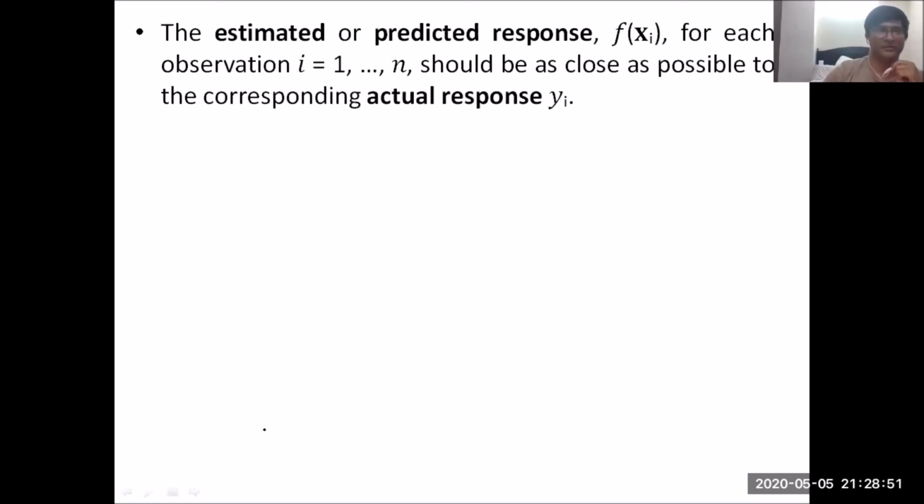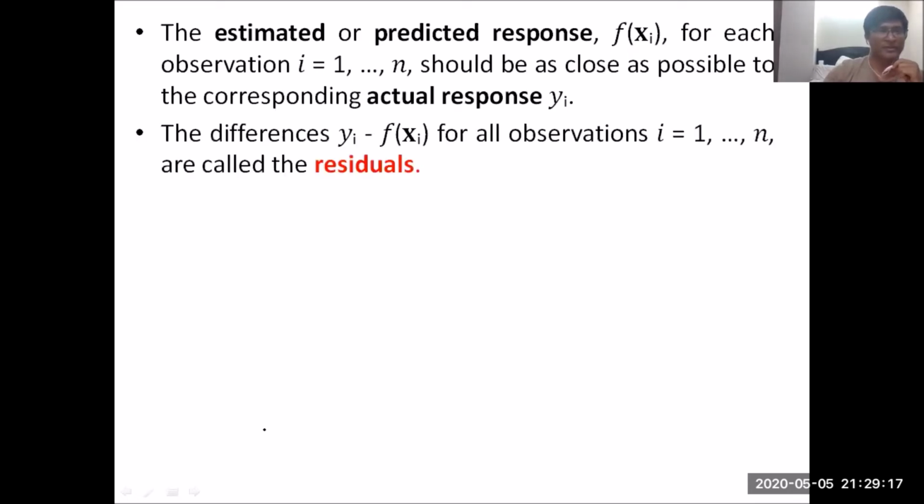So definitely there would be a value which we would be getting after applying this prediction model, that we would call a predicted value, right? And there would also be some actual response, an actual value. So the difference between them should be minimized, and in order to minimize the difference, we need to think in terms of some mathematical analysis.